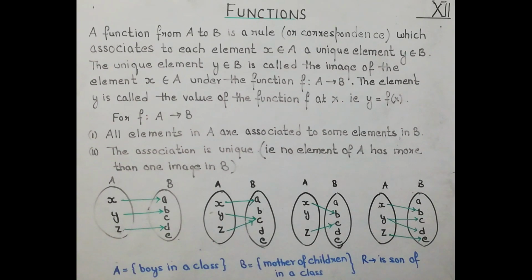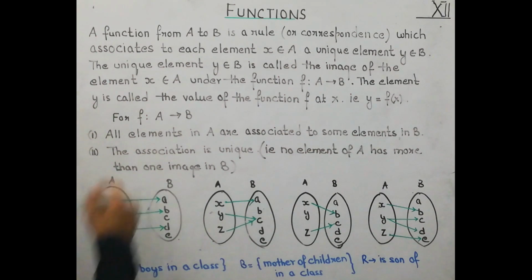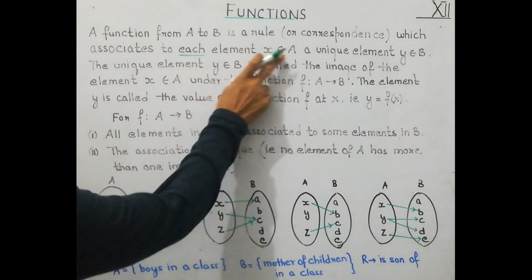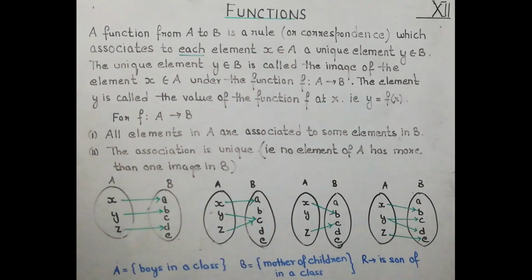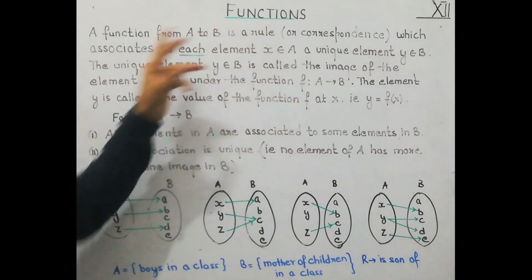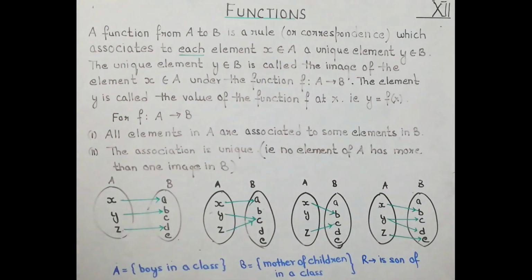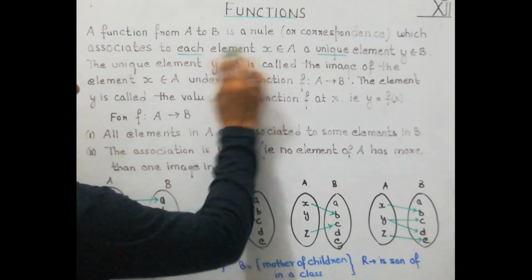The definition of a function from A to B is a rule, or you can say a relation or a correspondence, which associates to each element of A a unique element of set B. Remember, there will be two sets A and B. Each element of set A will be associated to a unique element of set B. Keep these two points in mind.